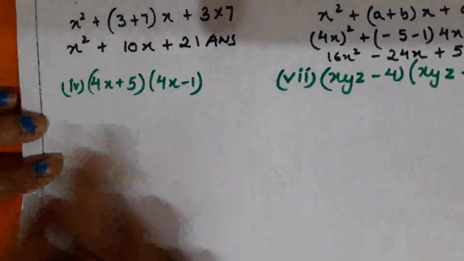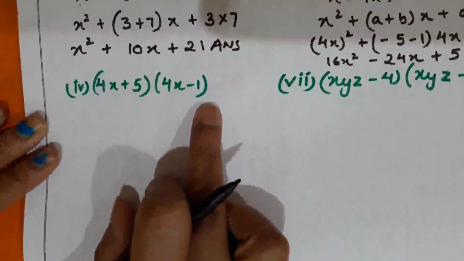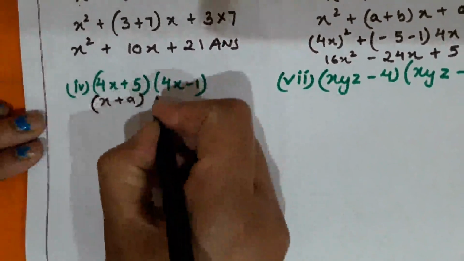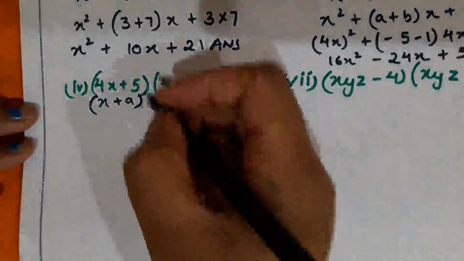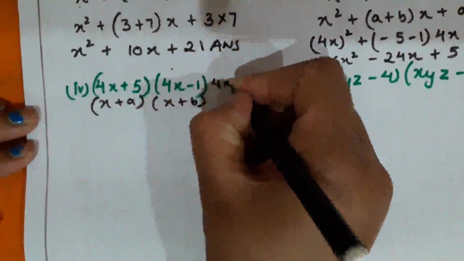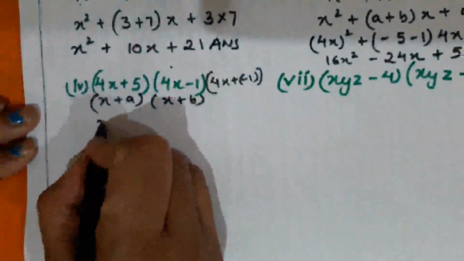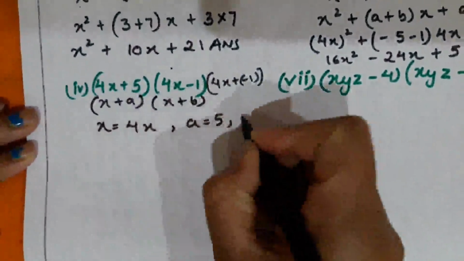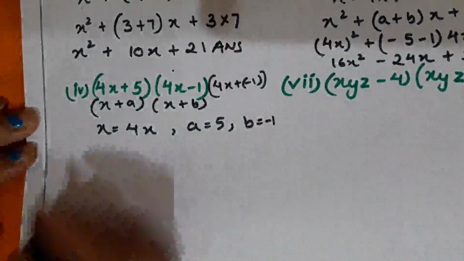The fourth part is 4x plus 5, 4x minus 5, sorry, 4x minus 1. So x plus a is fine, x plus b. So how can we convert this? We can write here (4x plus minus 1). In this way we can write. So x is 4x here, a is 5 here, b is minus 1. Now put these values inside the formula.